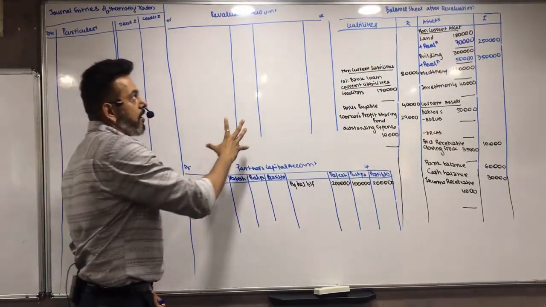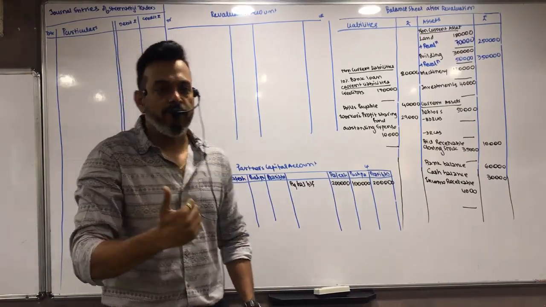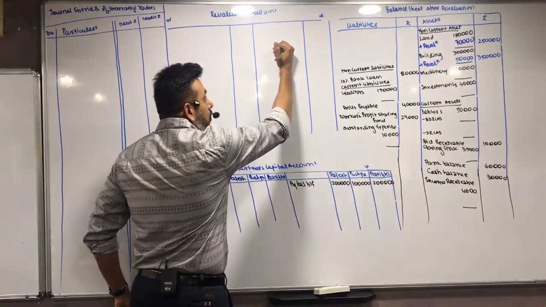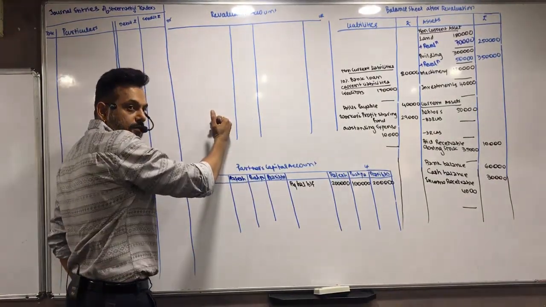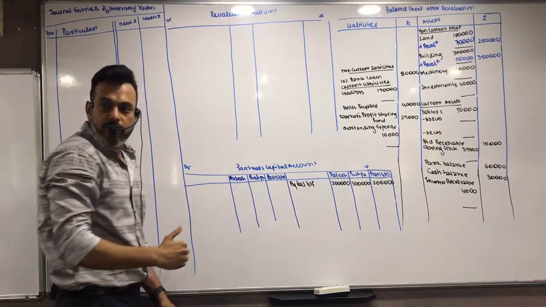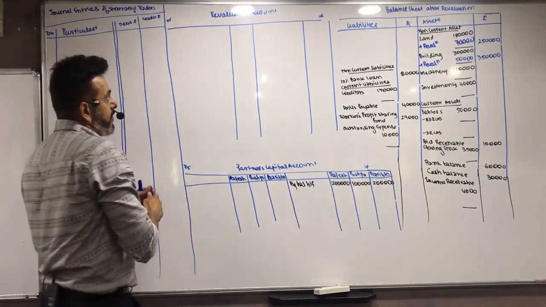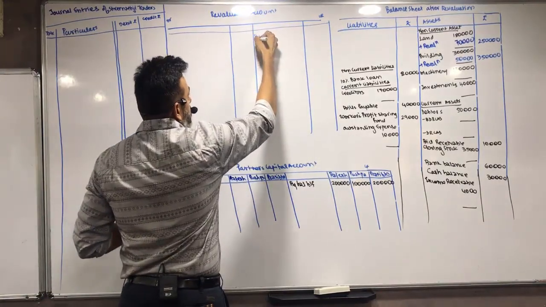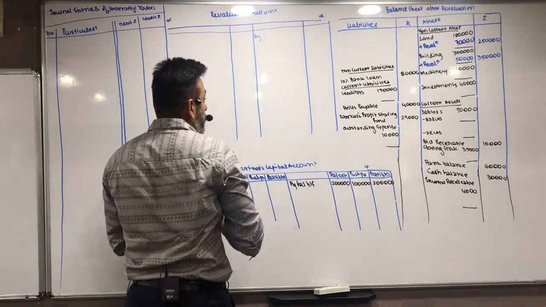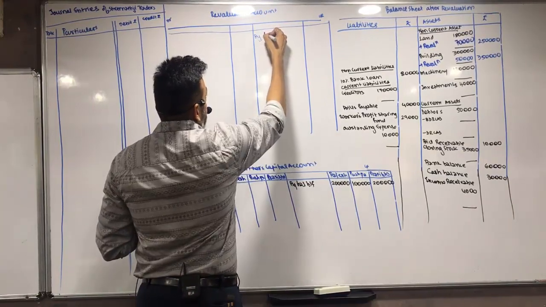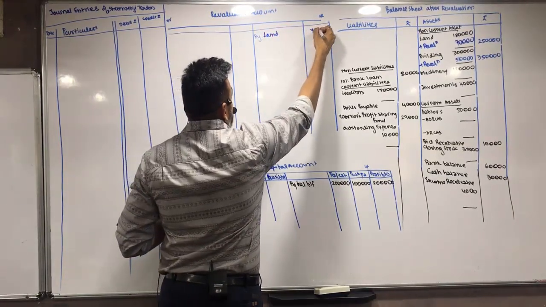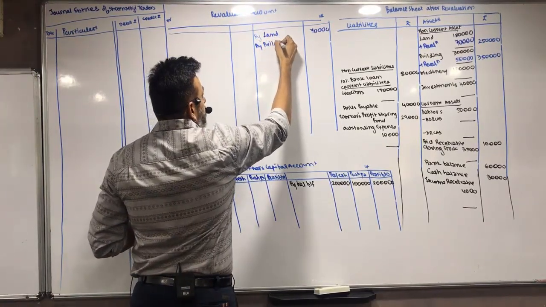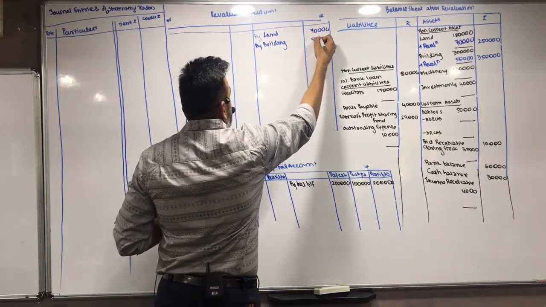Now, revaluation account has similar characteristics of profit and loss. On the credit side, all the gain. On the debit side, all the losses or decrease or decline. Understood this? So, on the credit side, we will record by land 70,000 and by building 50,000.